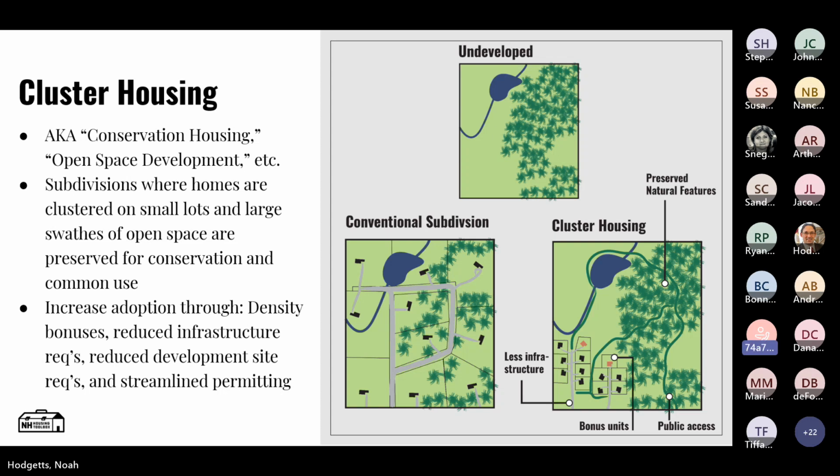So cluster housing is a way of saying, okay, take that one big tract of land, and instead of more or less evenly dividing it up into large lots, put homes on relatively smaller lots in a way that preserves the natural features that exist on the site. So maybe it's wetlands or forests or water features.